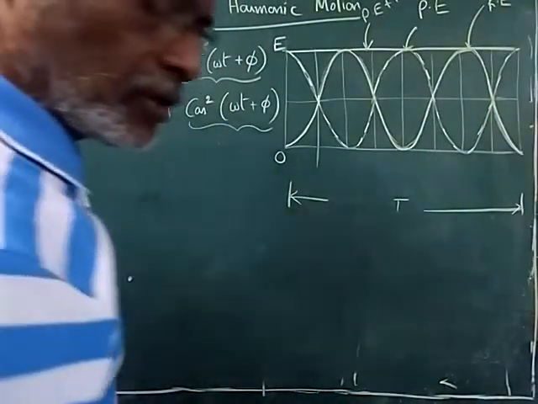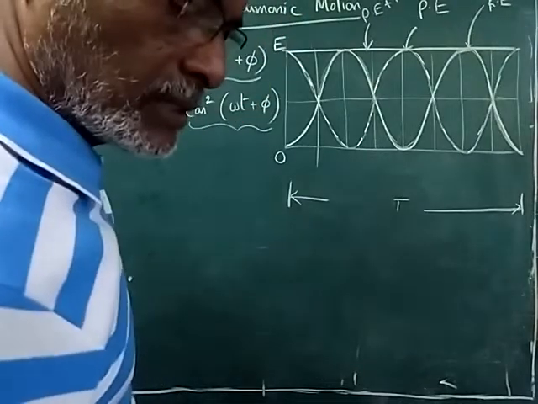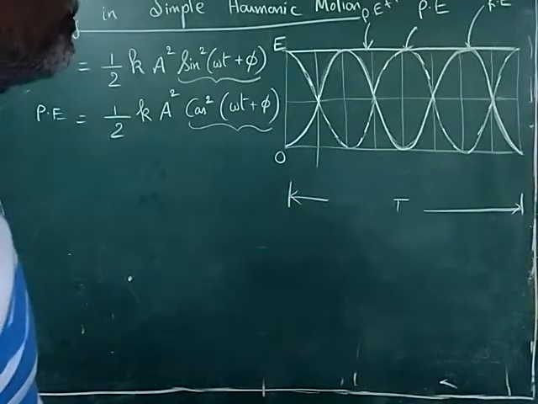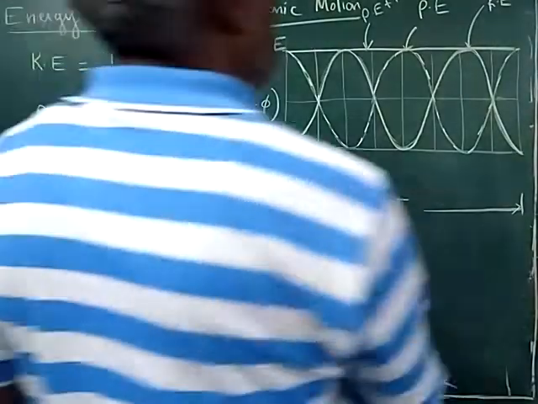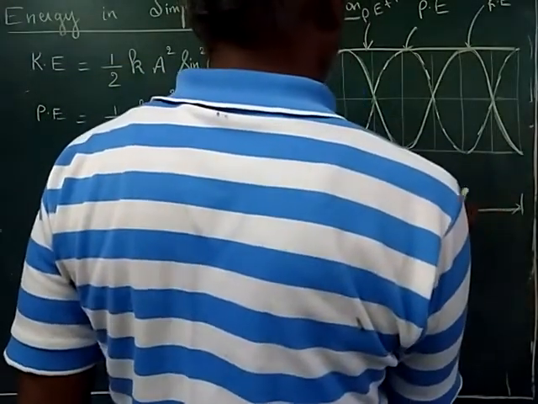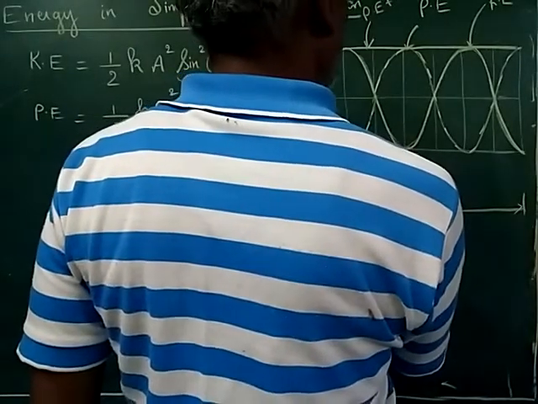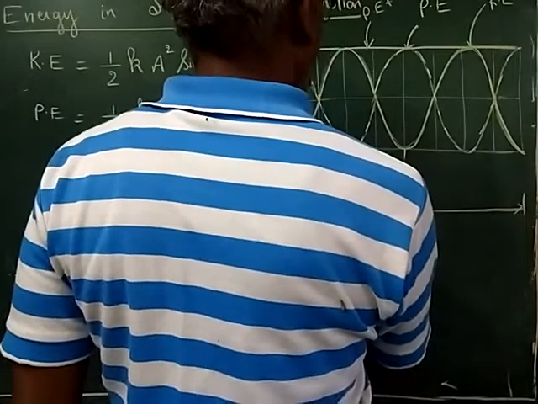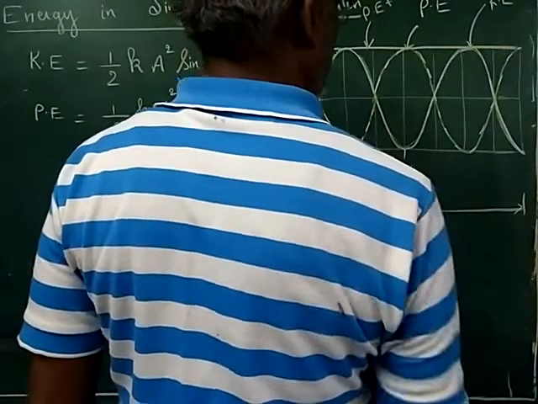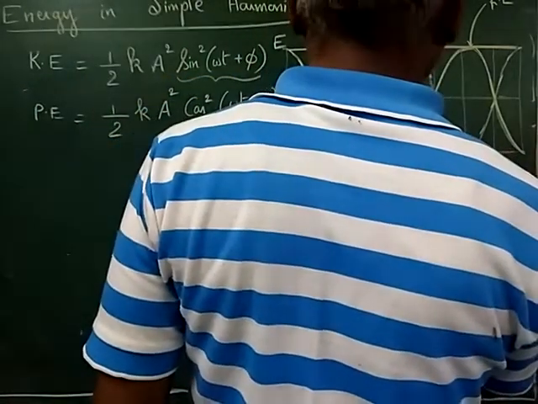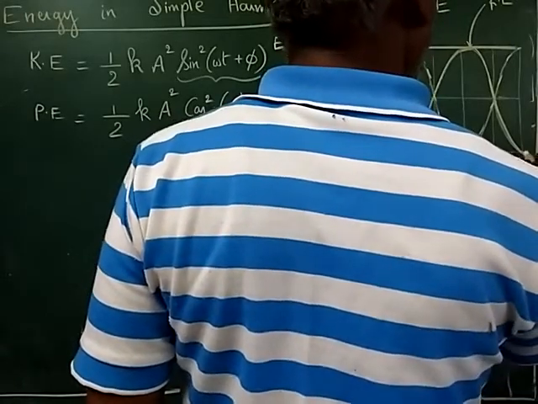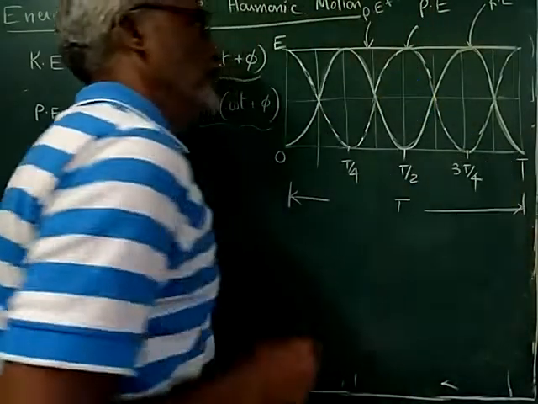Next we will try to draw for the displacement. So this is T. This is T by 2. Here it is T by 4. Here it is 3T by 4. And this is T. Here it is 0.